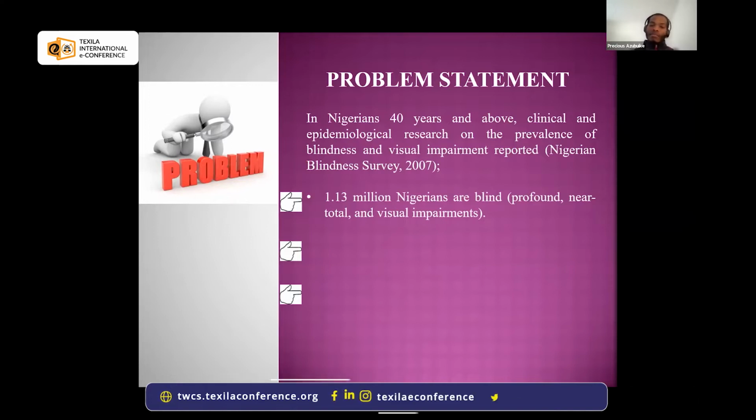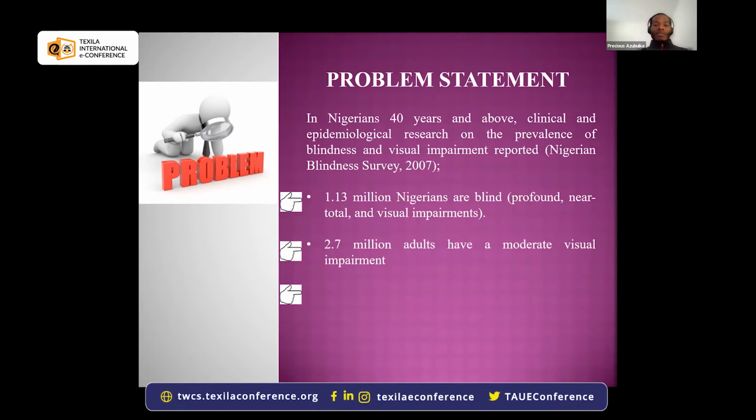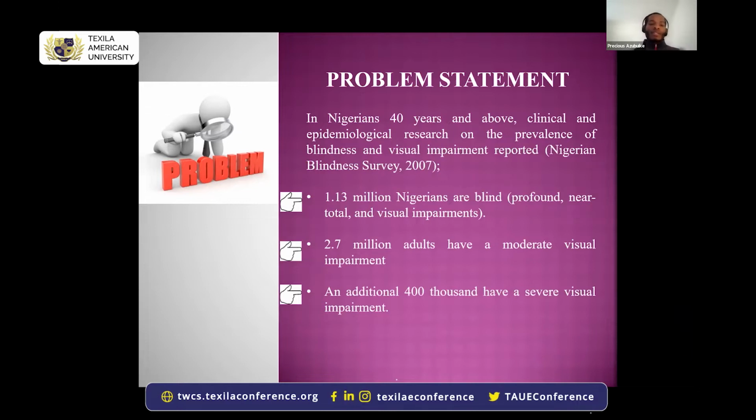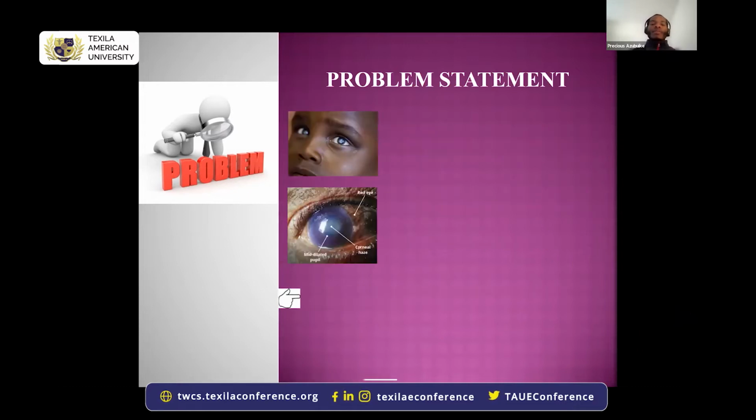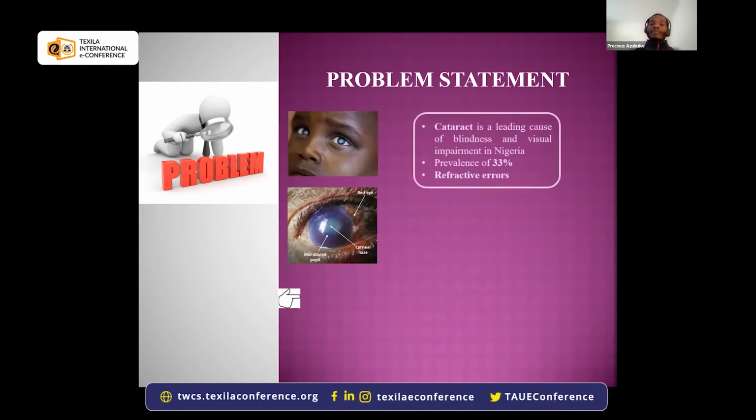I mean, either profound, near total, or have visual impairments. There are 2.7 million adults who have moderate visual impairment, and about 400,000 of this population have severe visual impairment. So the work was focused on characterizing this population.